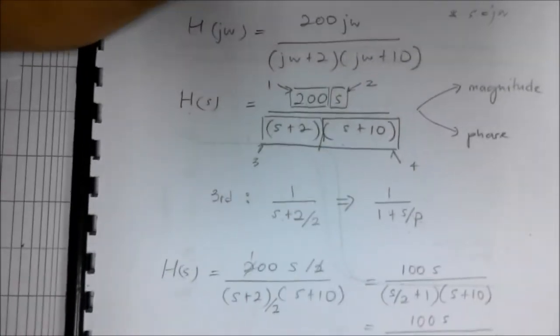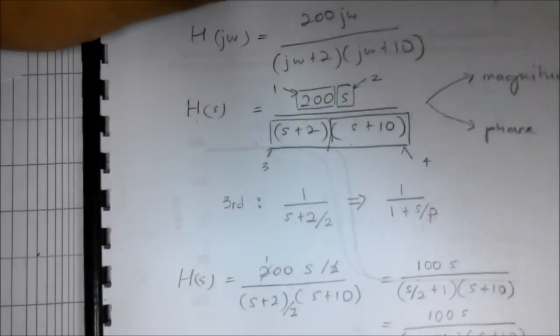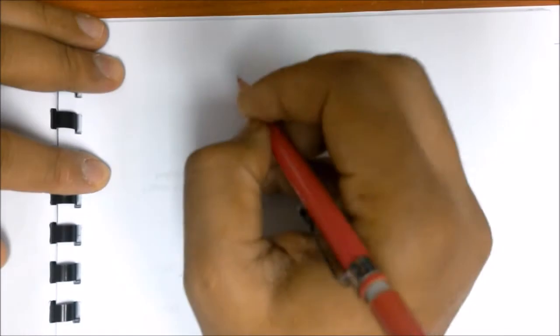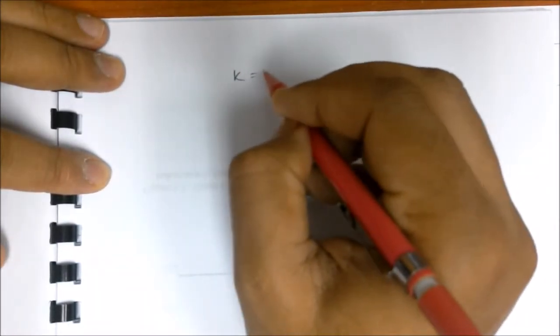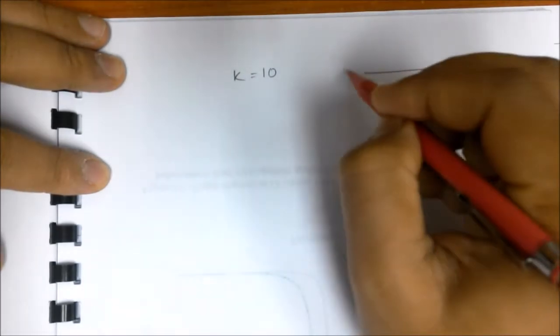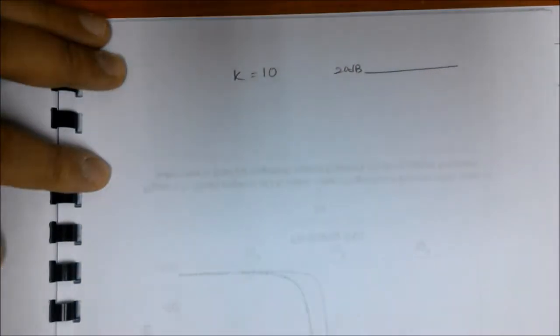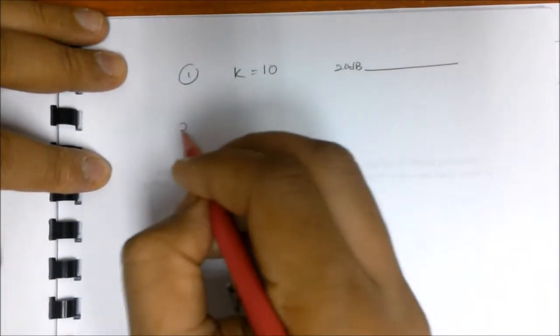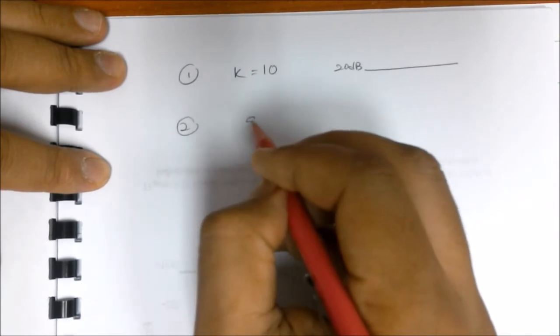Now I think the best way is to sketch the shape before you plot on the actual semi-log plot. So for k equals 10, you will get a straight line at 20 dB.